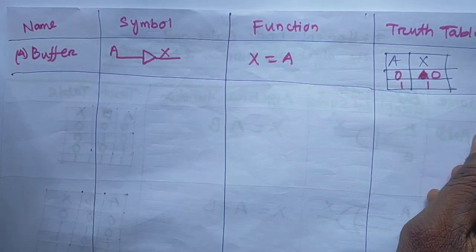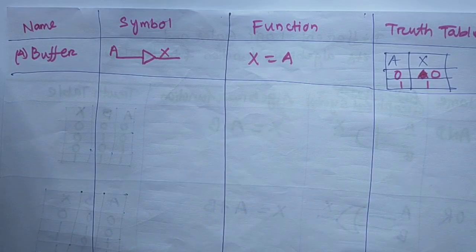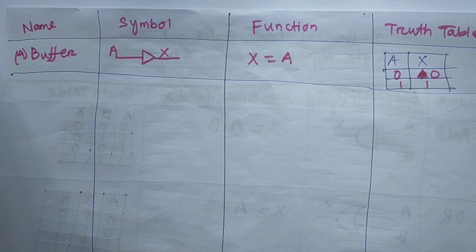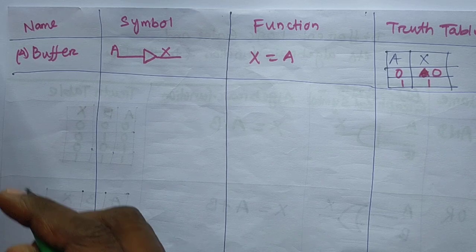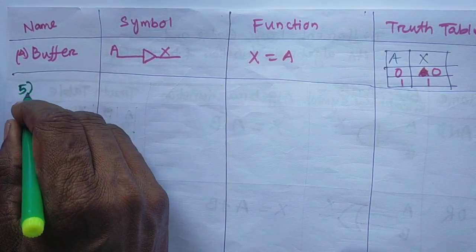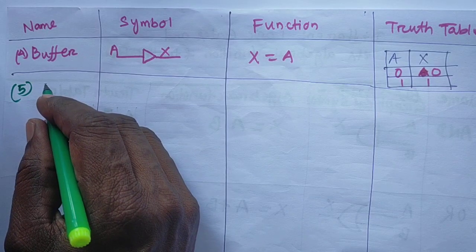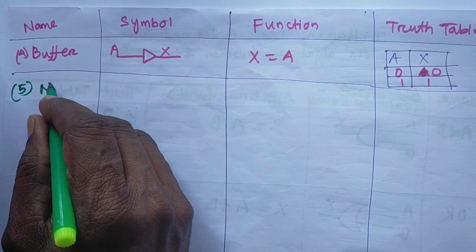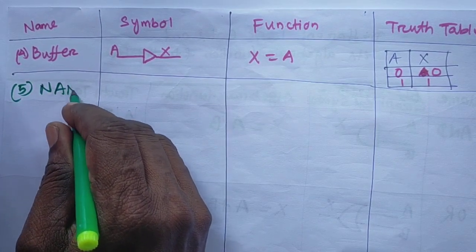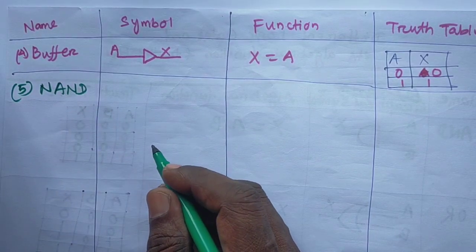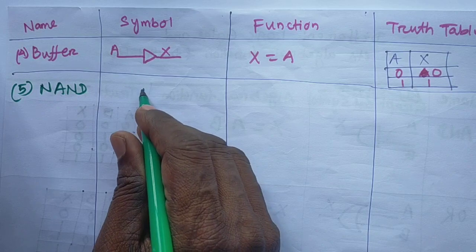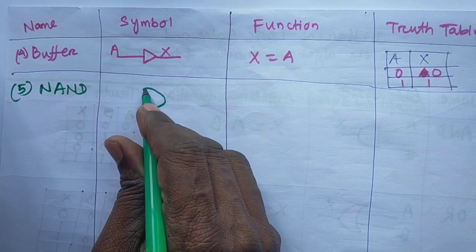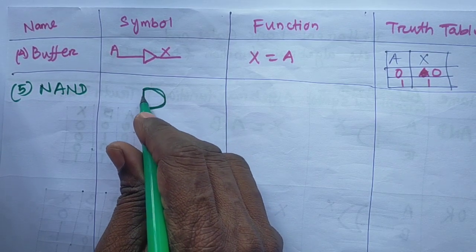Next we can look at the NAND gate. Sorry, NAND, not AND, AND is already over. The NAND symbol is very simple, we take it like this.